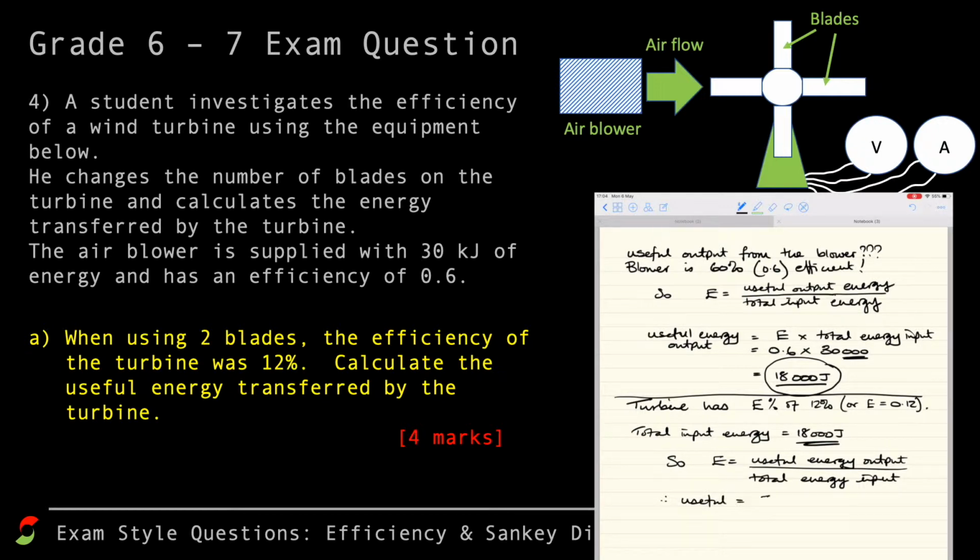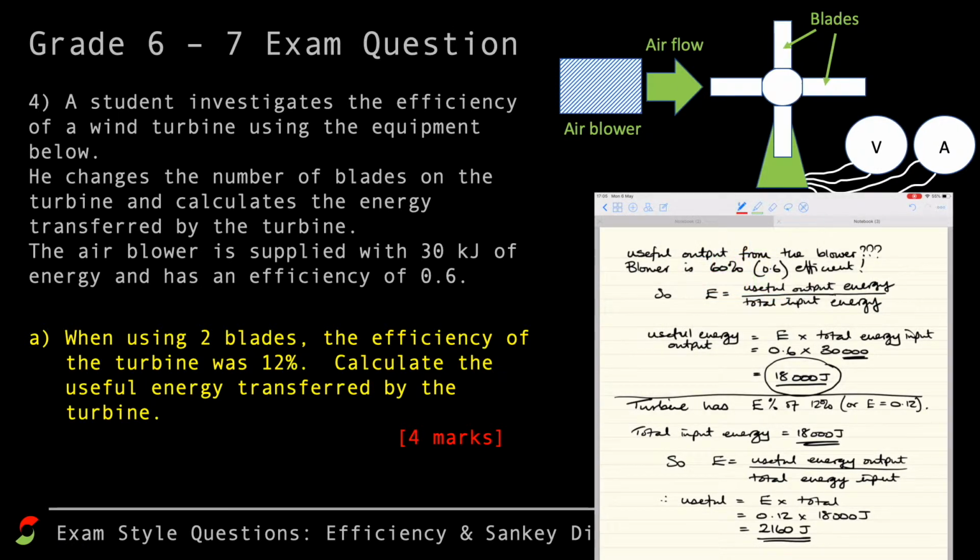Useful equals the efficiency times total, so I'm just shortening my equation there. And that's going to equal 0.12 times 18,000 joules, and that means that the useful energy output, which is the question, just do a quick calculation of that. 2,160 joules.